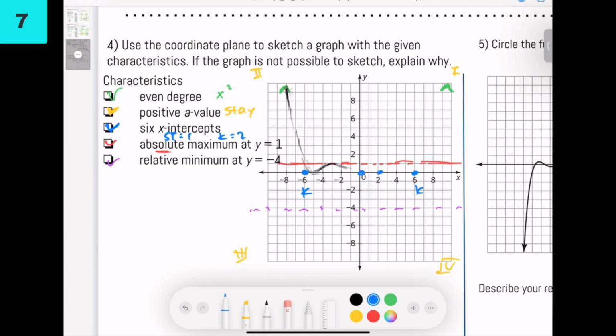So let's say it's something like this. Let's say those are shoot-throughs. So that also means it wanted a lower point than that.